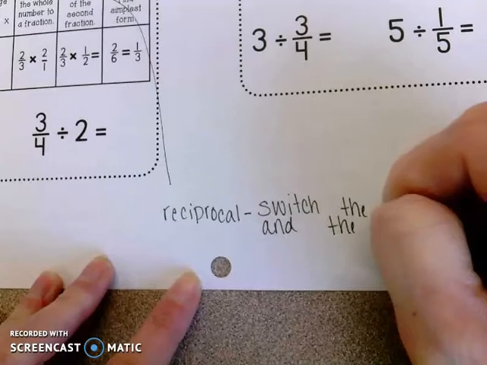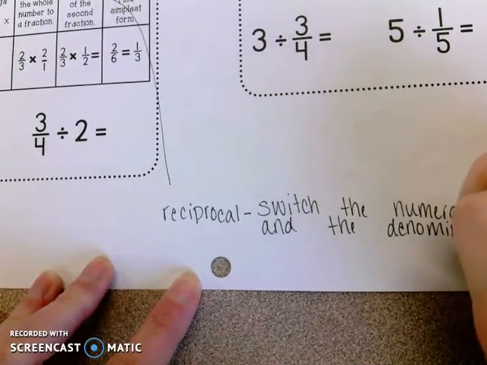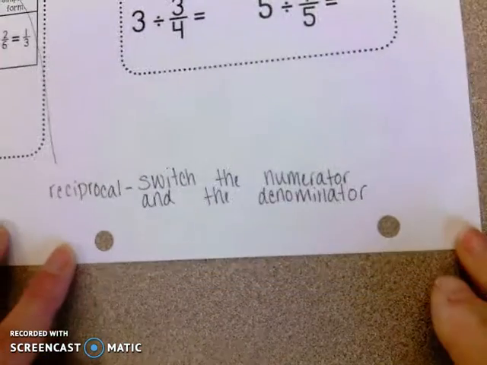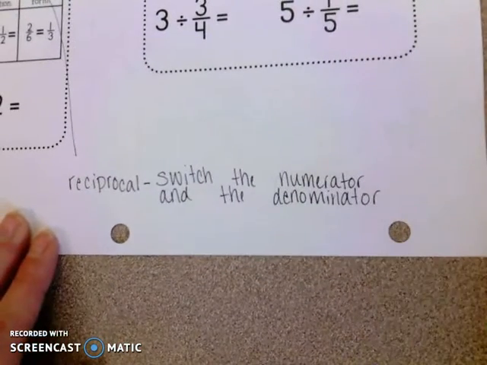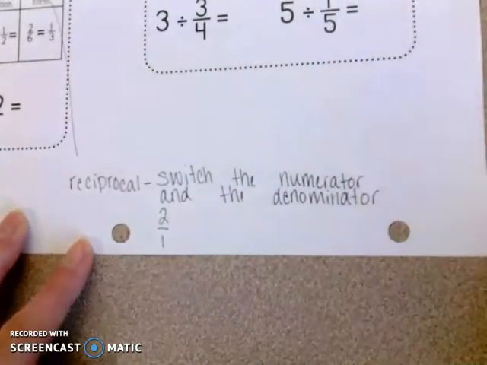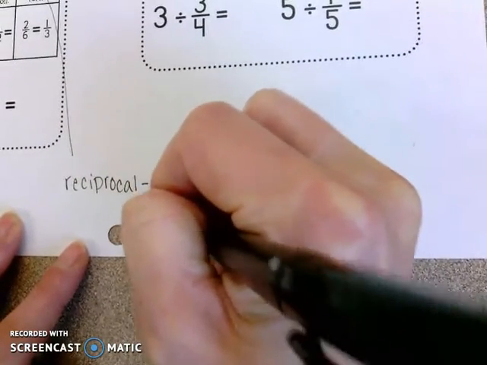So I switch the numerator and the denominator. So let's say, for example, I'm finding the reciprocal of 2/1. The reciprocal would be 1/2.